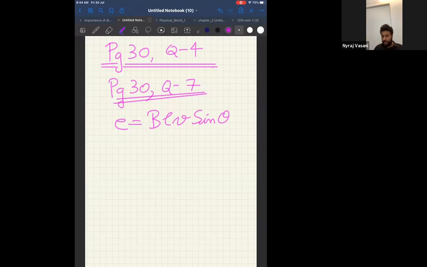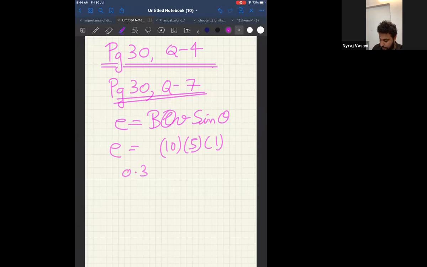So the formula is E is equal to BLV sine theta. Now, it is saying it is 10 meter, therefore L is 10. Velocity is 5 meter per second. And it is perpendicular, so sine 90 will be 1. And the magnetic field is 0.3 into 10 power minus 4.